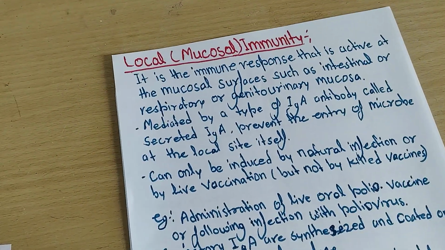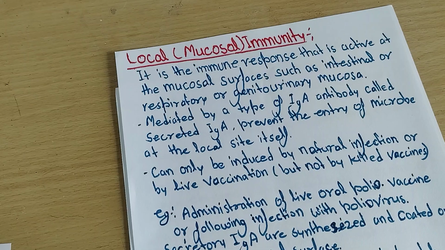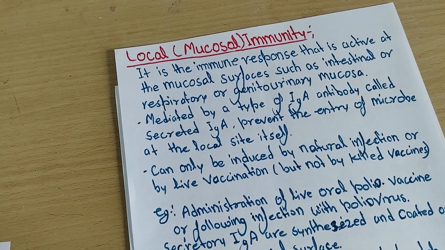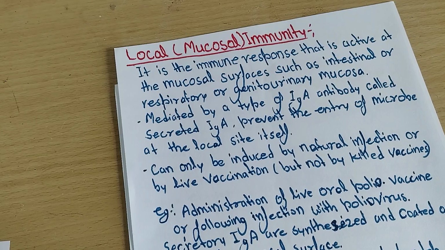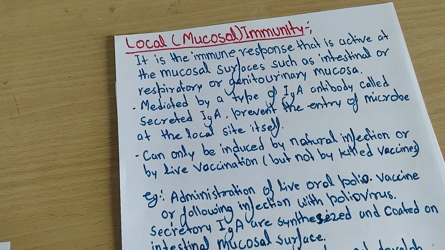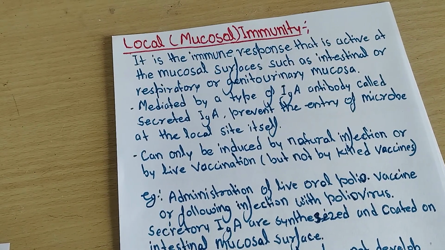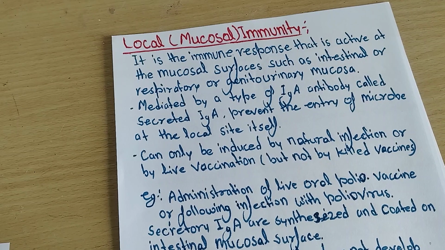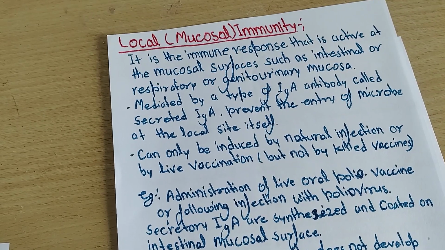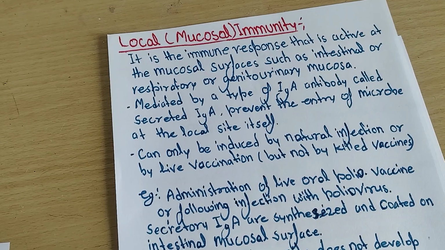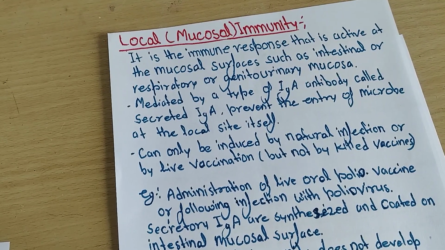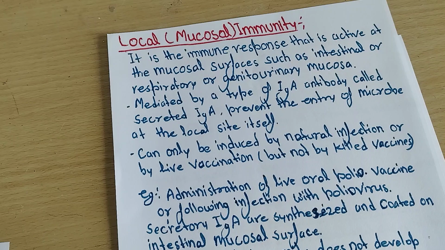Two other types of immunity are local or mucosal immunity and herd immunity. Local immunity is the immune response that is active at the mucosal surface, such as intestinal, respiratory or genitourinary mucosa, mediated by a type of IgA antibody called secretory IgA. It prevents the entry of microbe at the local site itself.